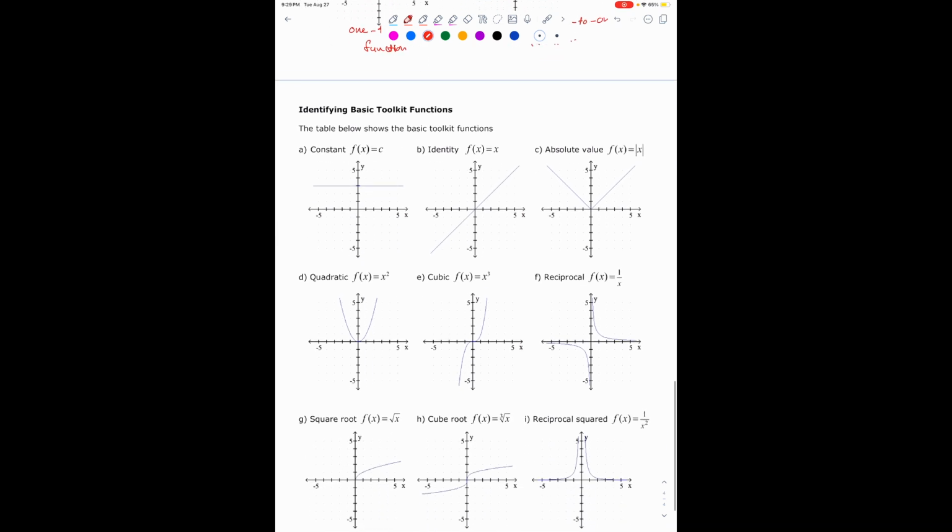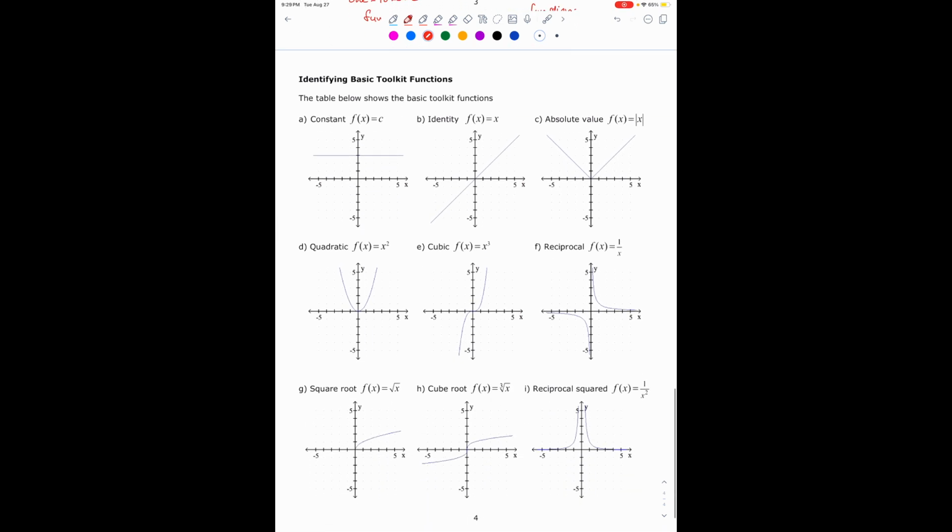And finally, we're going to identify some basic toolkit functions. We will be using these in the future in order to translate and move and reflect these graphs. So make sure you know what the graph is and how it looks. Try to memorize as much as you can.